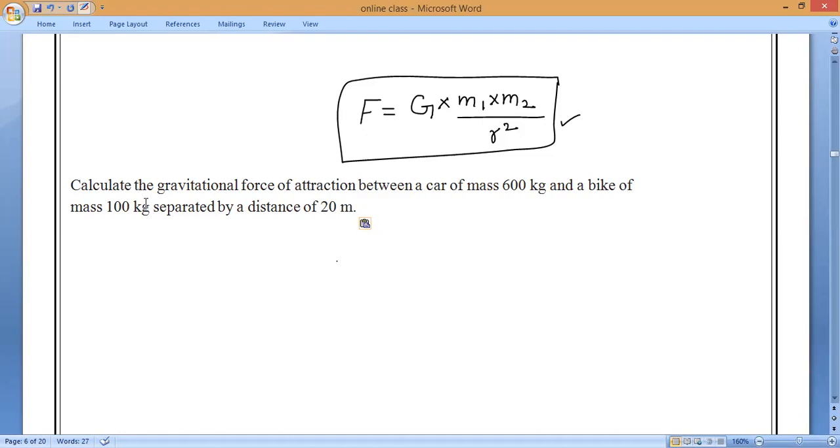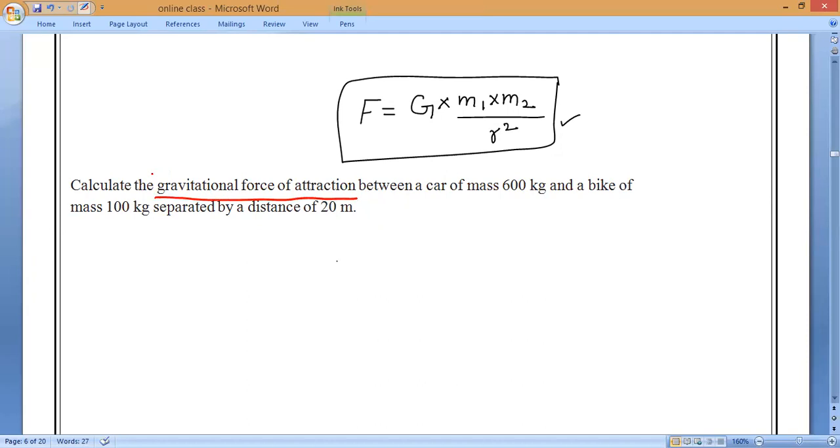Make it fast. Sir, in the place of G, you have to substitute that value, 6.67. So now, what are they asking? Observe very carefully. Everybody read the question. They are asking to calculate the gravitational force of attraction.